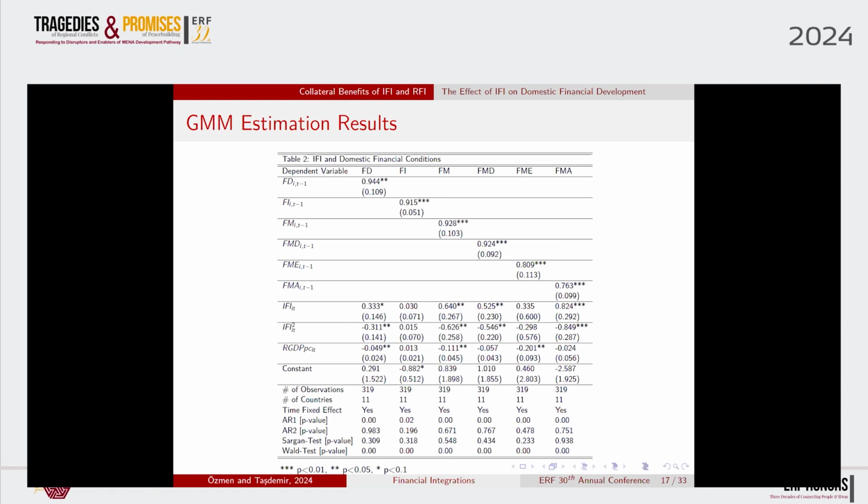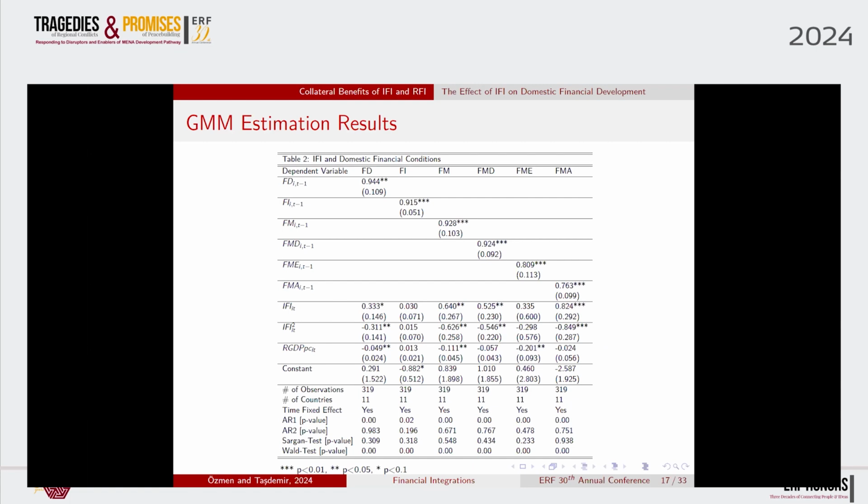When we look at the table, international financial integration is positively associated with financial development, while the international financial integration score is negatively associated with financial development, indicating that high levels of international financial integration lower financial development.